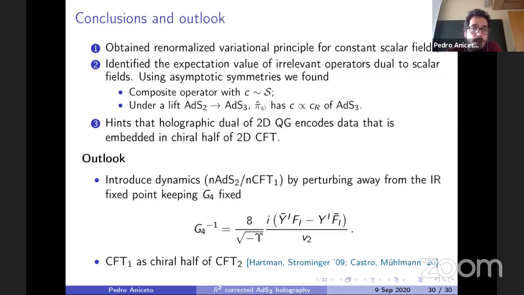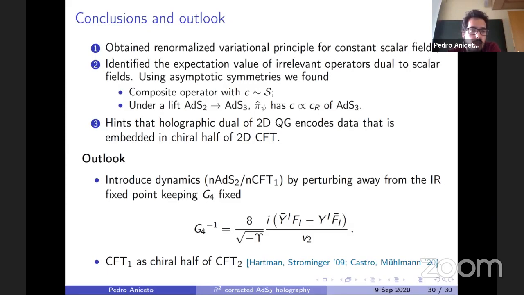We have identified the expectation value of certain irrelevant operators due to the scalar fields of the theory. Using our asymptotic symmetries, we found that we can describe a composite operator that depends on a vector field, that you can obtain this operator by integrating the vector field. And you find that its central charge is proportional to the 4-dimensional black hole entropy.